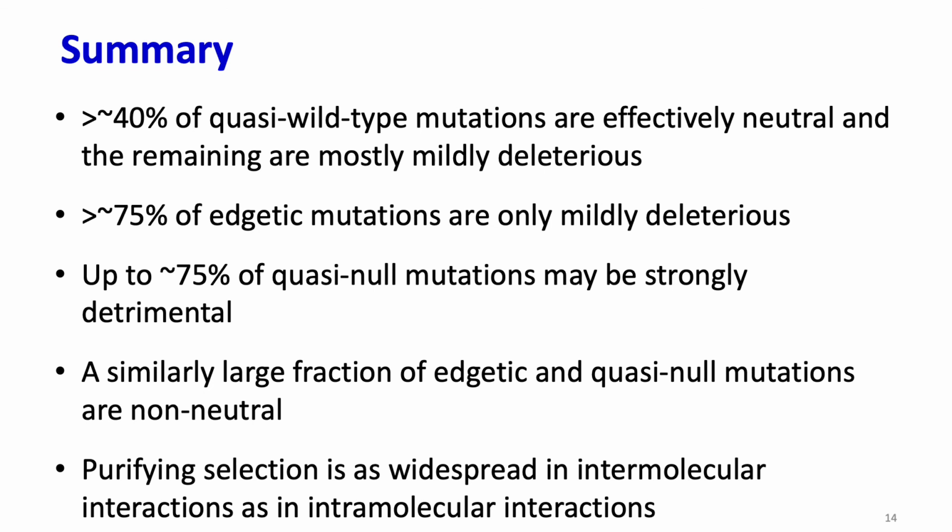What is really interesting is that a similarly large fraction of agetic and quasi-null mutations are non-neutral. These results suggest that purifying selection is as widespread in intermolecular interactions as in intramolecular interactions.